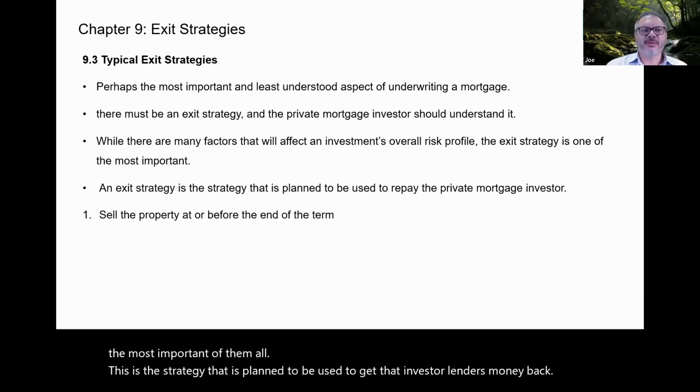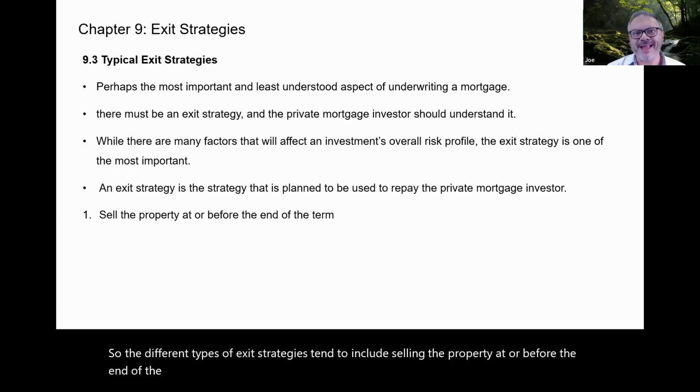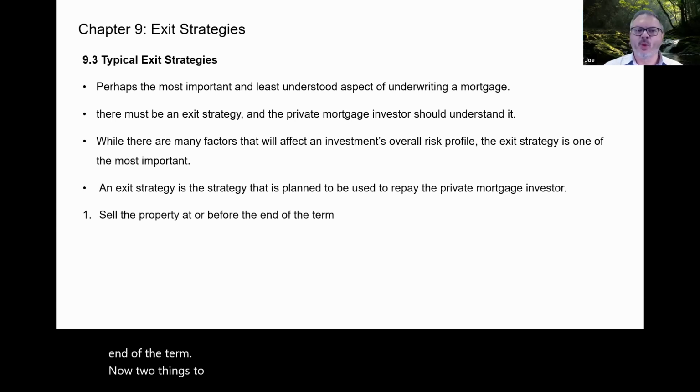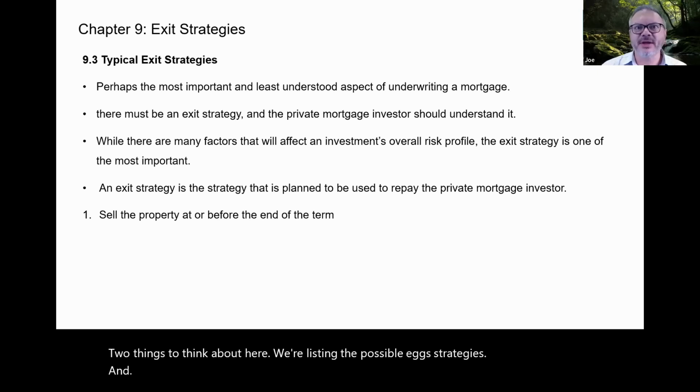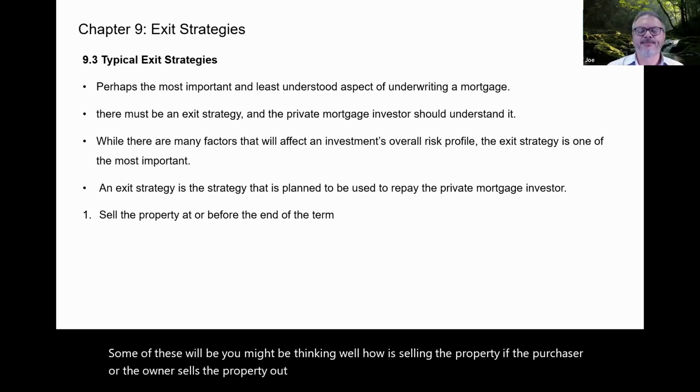So the different types of exit strategies tend to include selling the property at or before the end of the term. Now, two things to think about here. We're listing the possible exit strategies, and some of these, you might be thinking, well, how is selling the property an exit strategy if the owner sells the property at or before the end of the term?